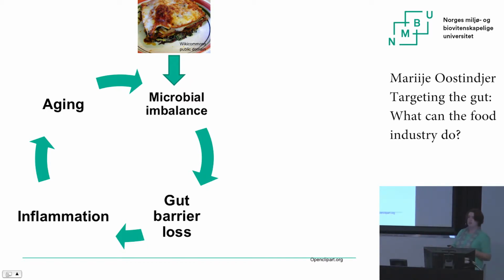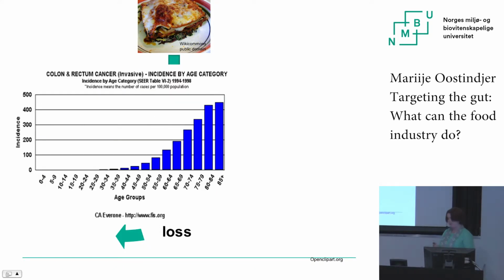The number of years that you are healthy should go with the increase in lifespan, but it does not necessarily do that. You can see here an age distribution of the occurrence of colorectal cancer. As you grow older, your chances of disturbances in the gut become larger, and your chances of developing cancer in the gut also become larger.